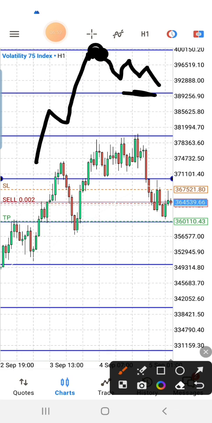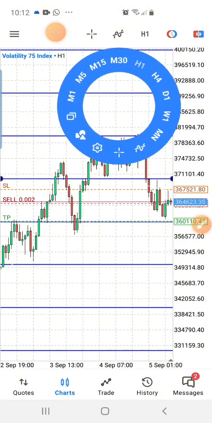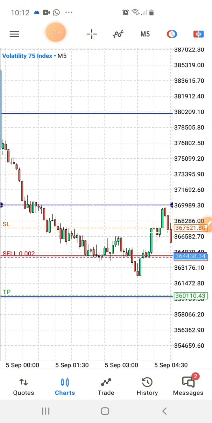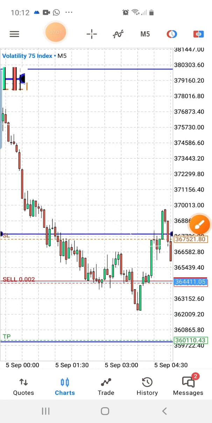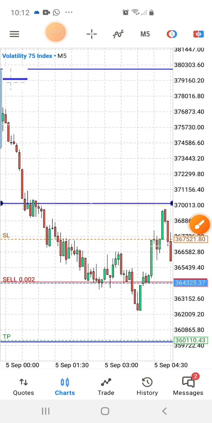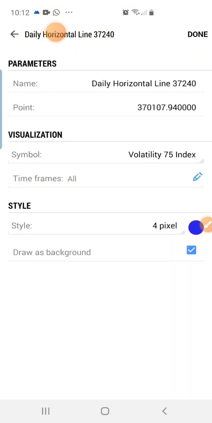Okay, let me expose this. If the price on 5 minutes time frame, okay, let me go down to 5 minutes time frame so that we'll have enough space. Now let's say that you have pictured the price bounce off. Sorry, I hope I've not changed that level. Let me see.